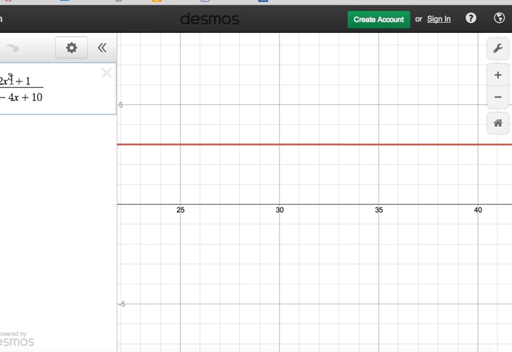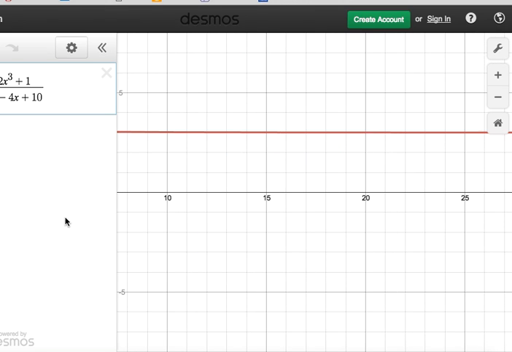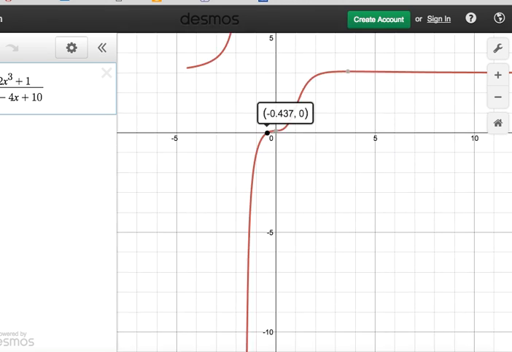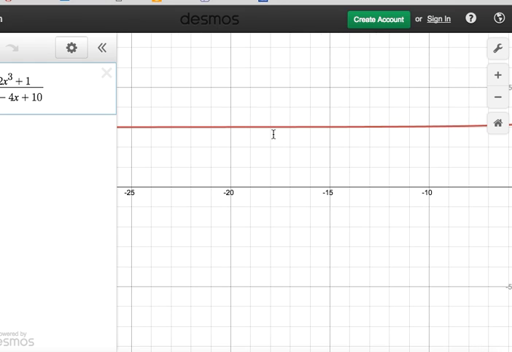So hopefully you picked up the pattern that the asymptote, the number the y values are approaching as we go this way or this way, is whatever the leading, so you divide the leading coefficients. So it's the ratio of leading coefficients.